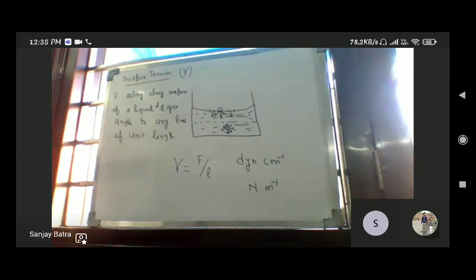Can you repeat? Yes, phenomena due to which surface of a liquid behaves like a stressed membrane is known as surface tension. It's okay?